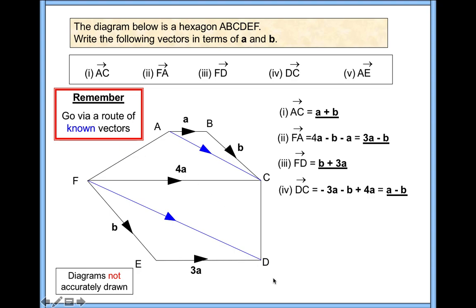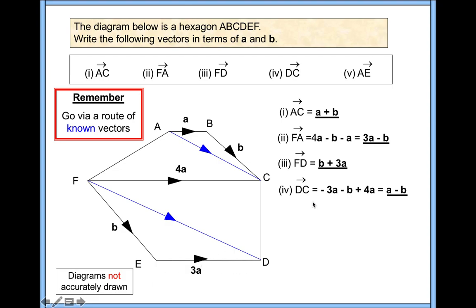You can go through this also, students: vector DE plus vector EF plus vector FC. That we already found out. It is the same thing. Vector DE is negative 3A because with reference to vector ED, vector DE is in the opposite direction.